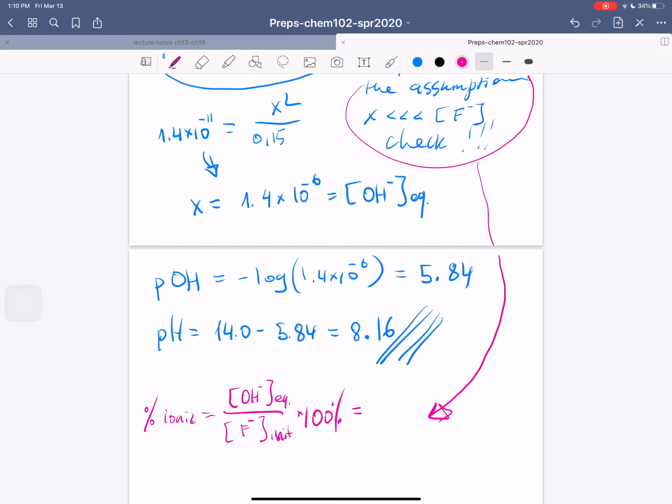And when I check the percent of ionization, it will be something like 9.3 times 10 to the negative fourth percent, which is of course less than 5, and I'm all set. So my assumption was correct.